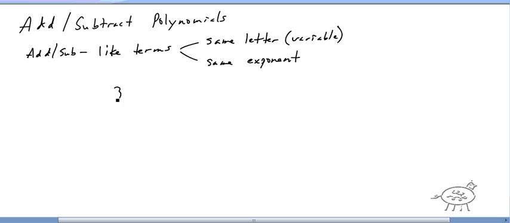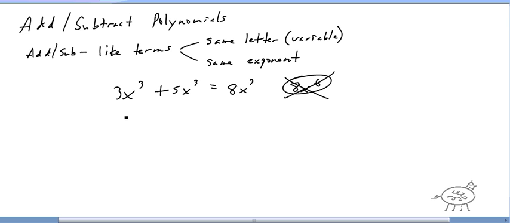So if I have like 3x cubed plus 5x cubed, remember that's, if I have 3x cubes in my hand and I give you 5 more, you have 8x cubes. You don't write 8x to the 6th. That's bad. Okay, you don't have any x to the 6th here. You have only x cubes. And it's the same thing. You can't add terms like this.